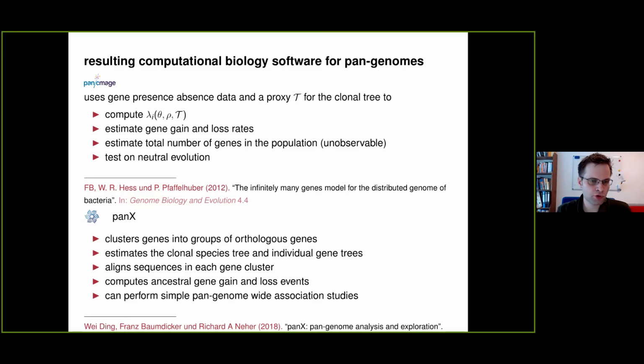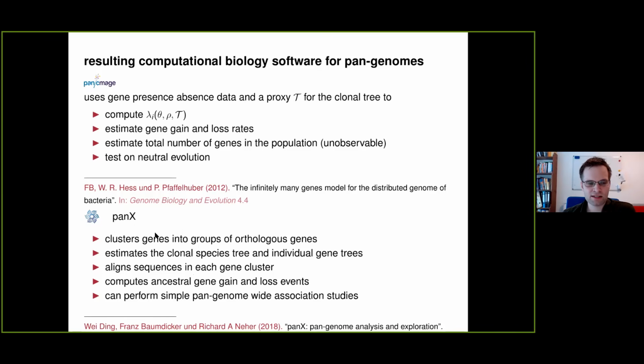We've also computed from the theoretical results, created some data, some biological software for pangenomes. One is Pangenome, which can estimate the gene gain and loss rates, and the other one is called PanX, which I've done together with Reweighting and Richard Neer in Tübingen a while back ago.